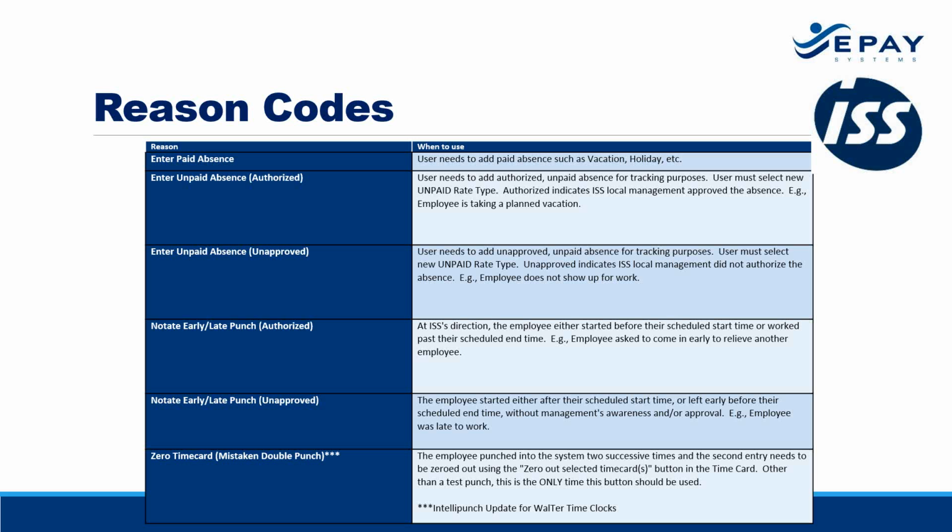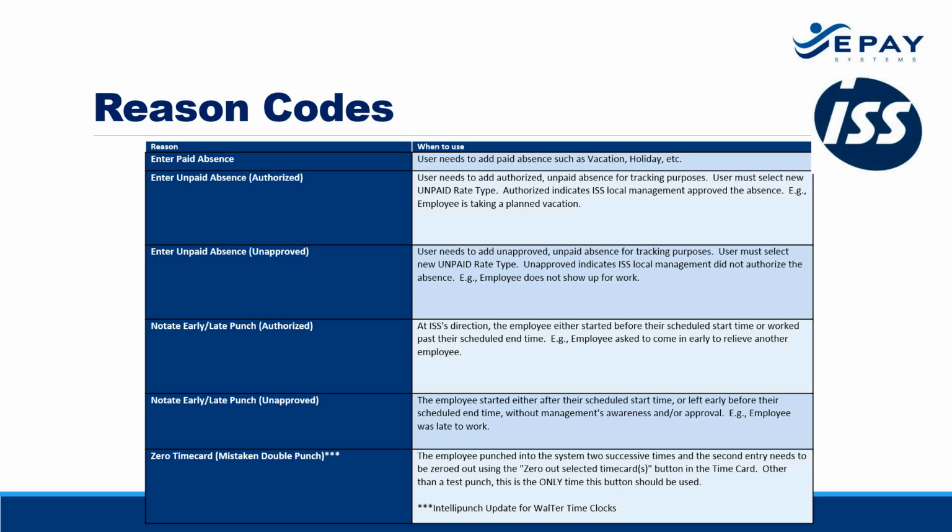Now, the reverse side of that is unpaid absence unapproved, meaning that someone just doesn't show up for work. They called in at the last minute. For whatever reason, it's an unapproved absence. But once again, you want to track those unapproved scenarios. In all these cases, you could go in there and key the shift times into the system, and then note it as unpaid absence authorized, or unpaid absence unapproved.